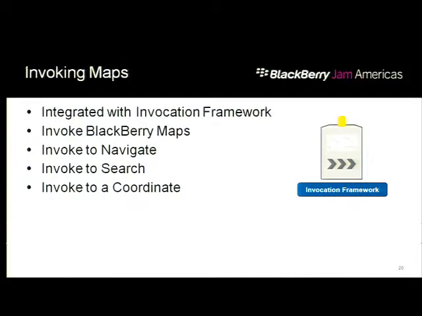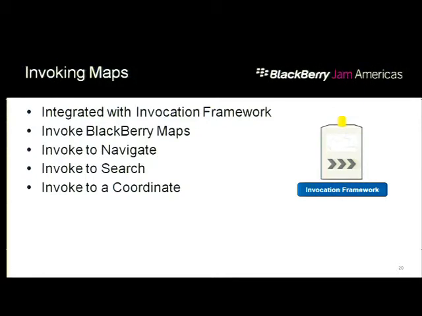Apart from using the map view, you can also invoke the actual BlackBerry Maps application. To invoke the actual BlackBerry Maps application, you'll of course use the invocation framework, which is the central framework to invoke other apps or other services on the device.